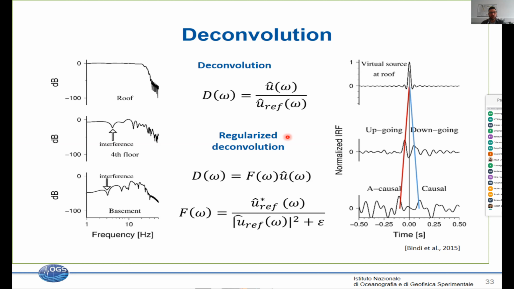The first operation, again, is to calculate the Fourier spectrum of the recording at the bottom and the Fourier spectrum of the recording at the surface, and then making what we call the deconvolution. Here it's like the spectral ratio, but instead of working only on the Fourier amplitude spectrum, we are working in the complex domain.